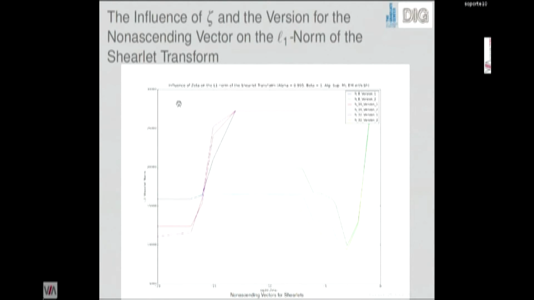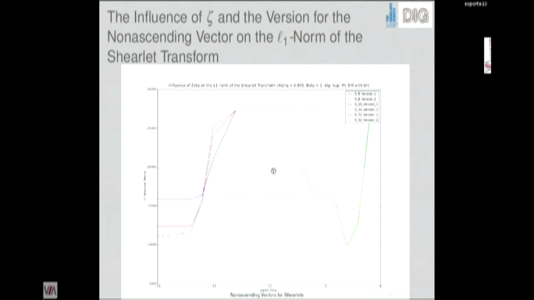The influence of theta on the L1 norm of the Shearlet transform when we stop. And they looked at both the first way of obtaining the non-ascending vector, that's version 1, and the second way of obtaining the non-ascending vector, that is version 2. And this n is the number of times you go around the inner loop. So 8 times, 16 times, and 32 times. Those are the things they reported on.